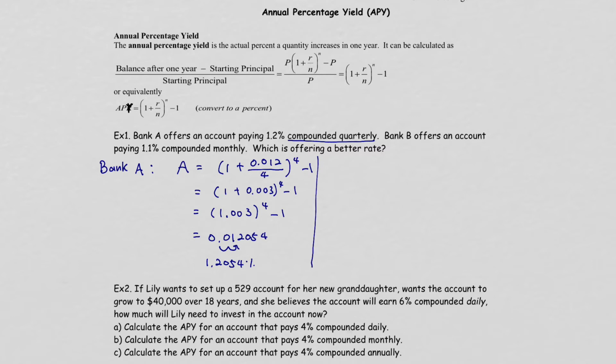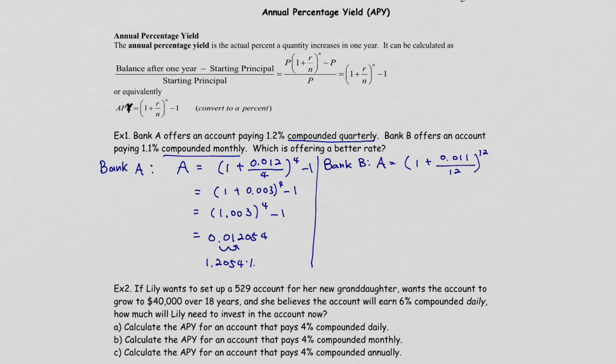What about Bank B then? So the amount is going to be 1 plus 0.011 because it's 1.1%. And compounded monthly, so N will be 12, to the 12 exponent.